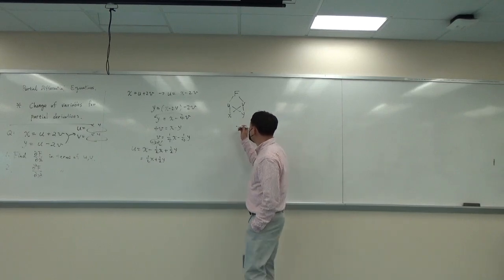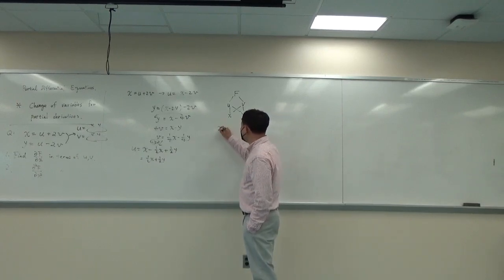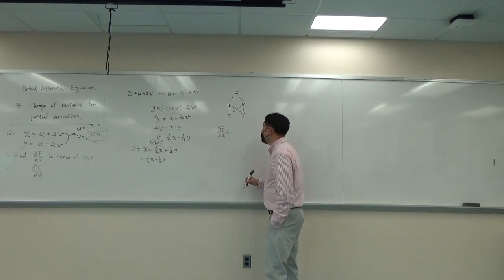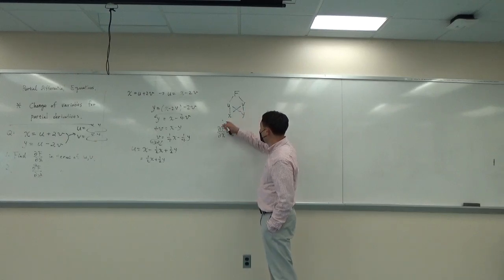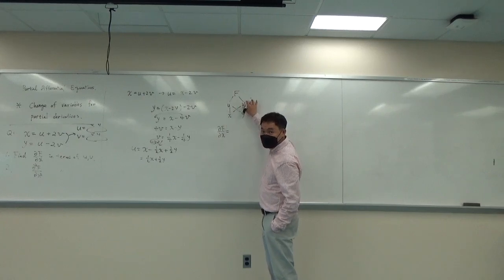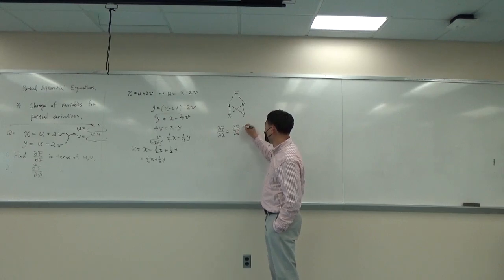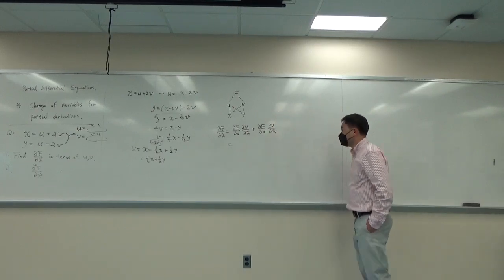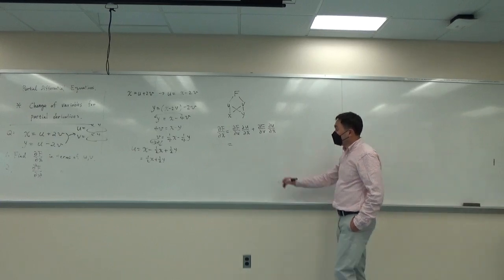So you write down the chain rule for f with respect to x. That's the same thing as asking how f changes when you change x, going through u and going through v. The one that's going through u is change of f with respect to u, with respect to x, and then f with respect to v, with respect to x. And then, let's see, what's u differentiated by x?